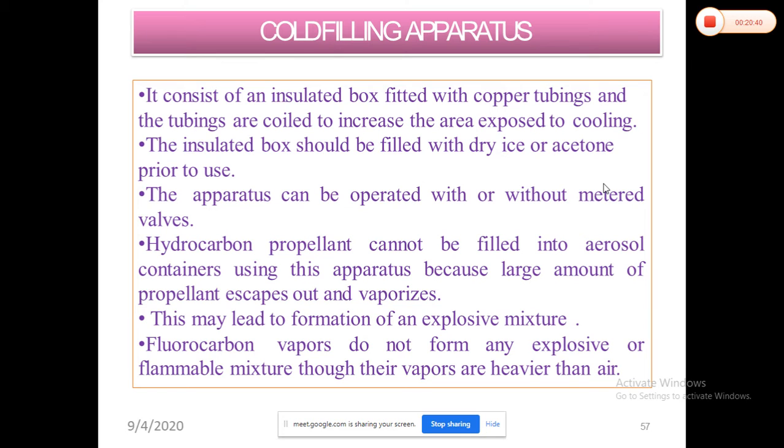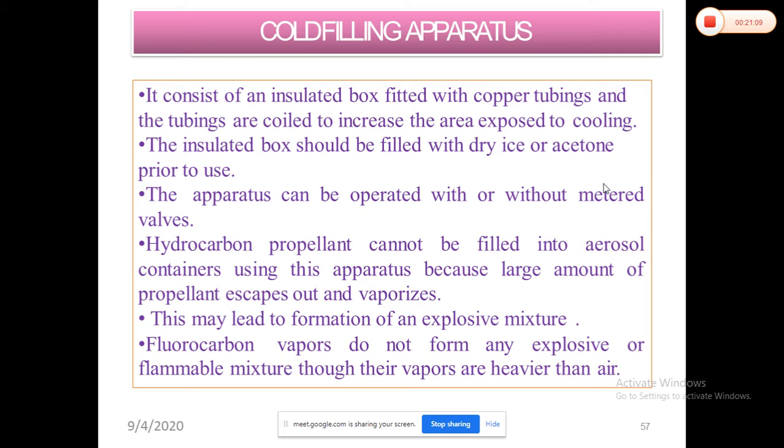In this process, the product concentrate is chilled previous to being added into the container, or it is chilled and then added to the container, and then the chilled propellant is added in one or two stages.